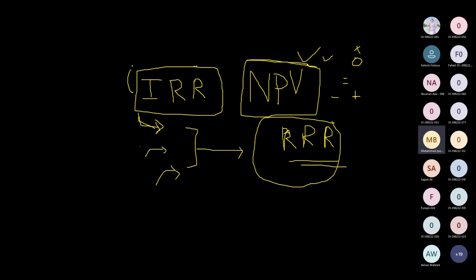Actually, IRR tells you the same thing: it is the percentage at which NPV is zero. So if I compare that with my required rate of return, it gives me an idea whether at my required rate of return I will have a positive NPV or a negative NPV. Let me give you an example. Let's say my required rate of return is 14%.